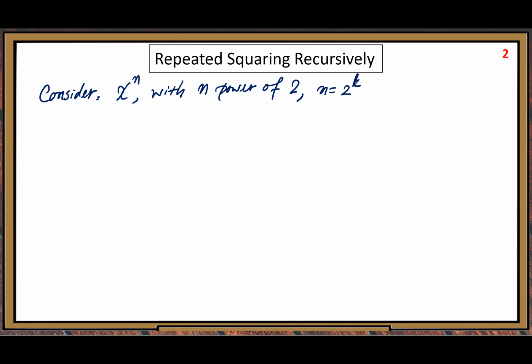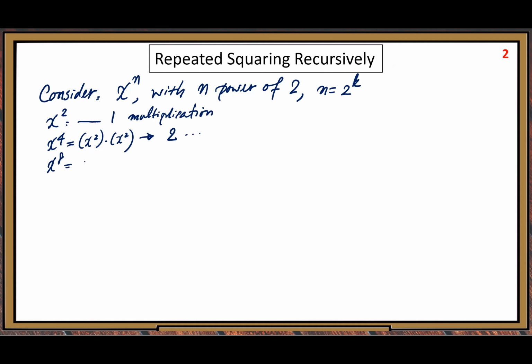All right, so now x squared the first time, 1 multiplication. x to the 4th equals x squared times x squared, so you can see 2 multiplications. x to the 8th, look at that: x to the 4th times x to the 4th.